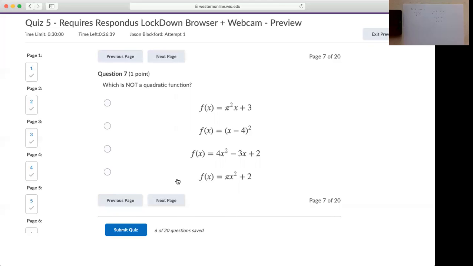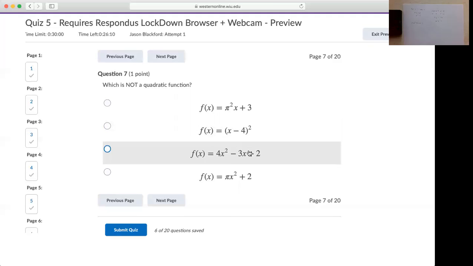All right, which is not a quadratic function. A quadratic function is something of the form ax squared plus bx plus c, where a is not 0. So we have to have a non-zero x squared term, and you can see we have one here. This one, if we were to multiply this out, we get x squared minus 8x plus 16.